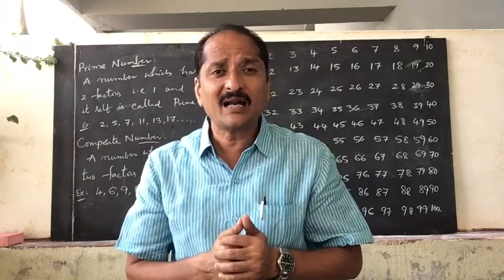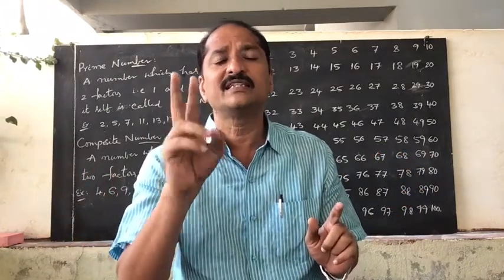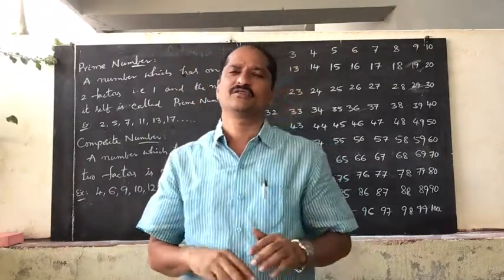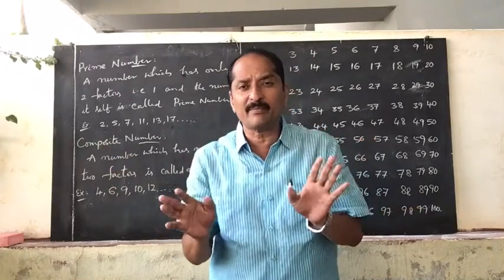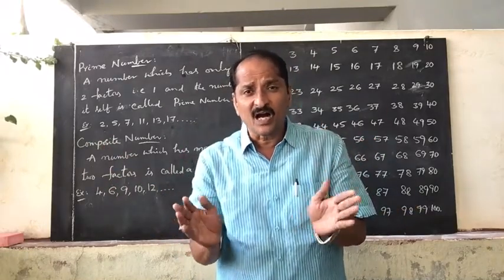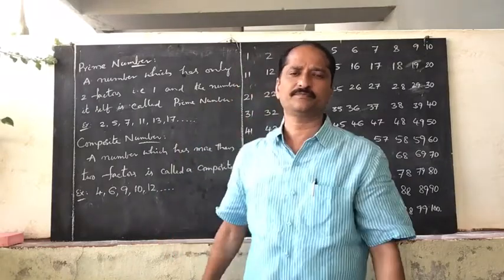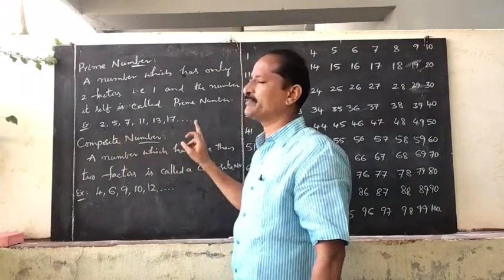No other prime number is even. So only one even prime number we have, that is 2. So the rest are all odd numbers. All odd numbers are not prime numbers, but all prime numbers are odd numbers except 2. Understand? So like this, these are the prime numbers.